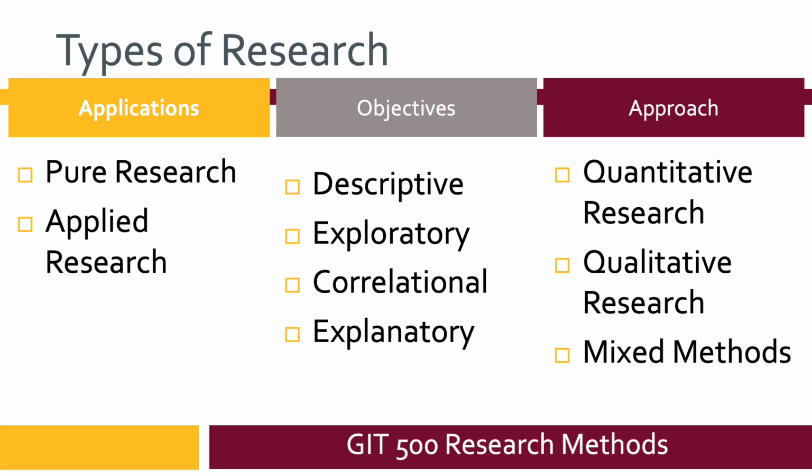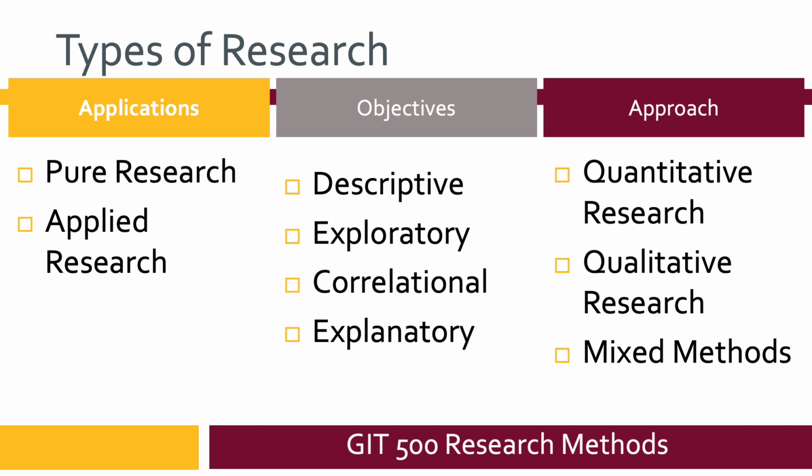That's pure research. And then you have applied research, which is research that is typically applied to real situations that are currently happening. For these different types of research, you have some specific objectives, like what is it that you want out of the research.